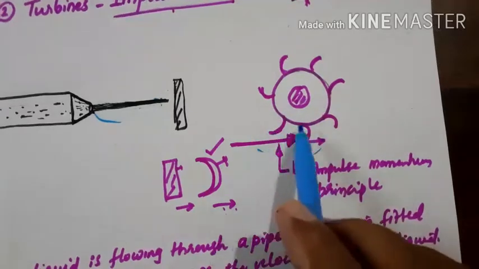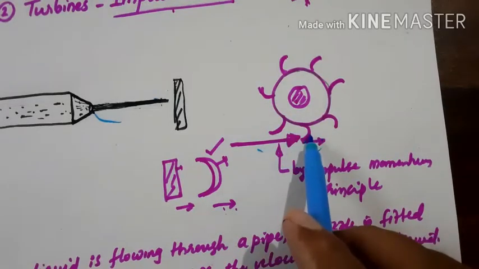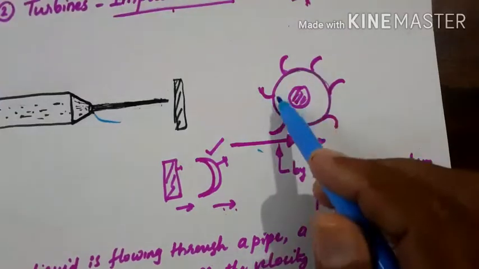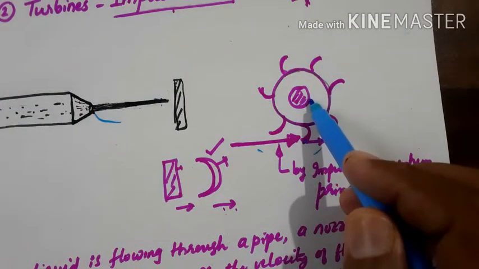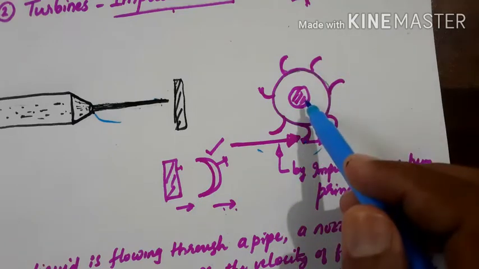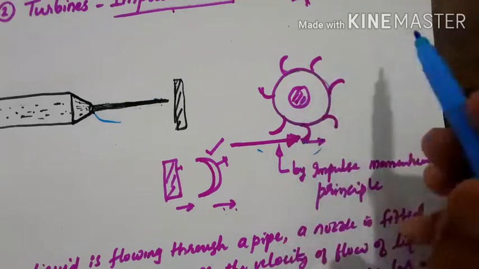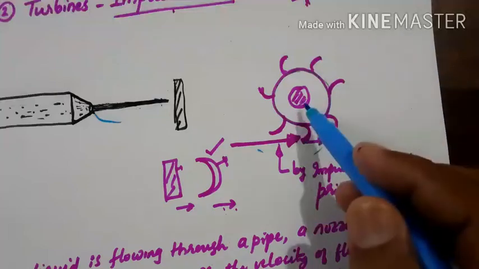So all these blades receive the hydrodynamic force, hence the rotation of the impeller. The impeller is coupled with the shaft, then the shaft is coupled with the generator, hence the production of electricity.